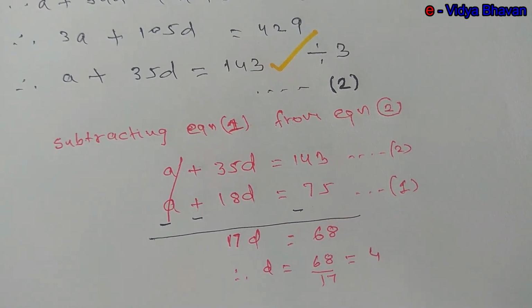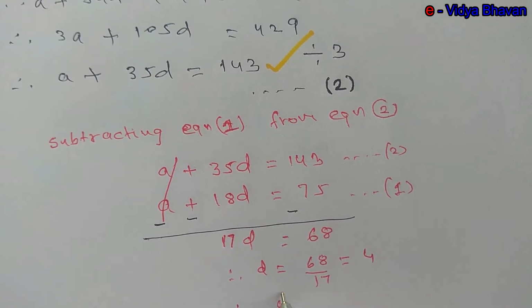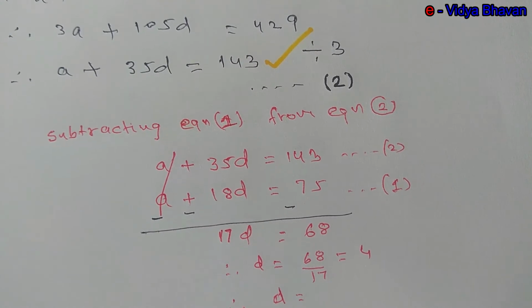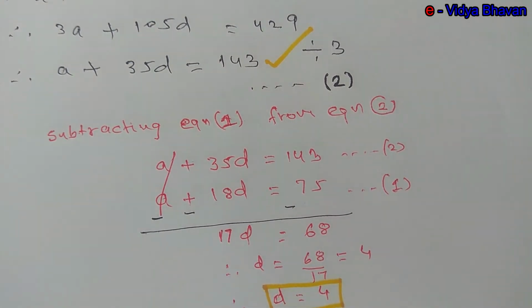So we have the value of d. d is nothing but 4. Now substitute the value of d in equation 1.